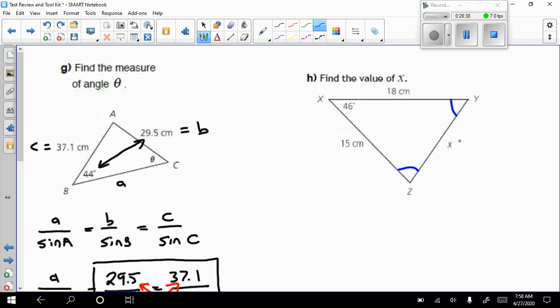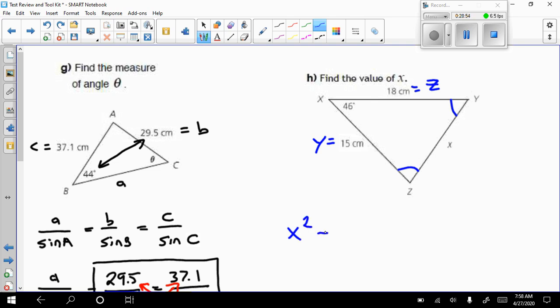Now they've already labeled it with little x's. And so I'm going to keep those. I'll just label this one as a little z, and I'll label this one with a little y. And here we go. I am going to write x on its own. And cosine law would look like this.